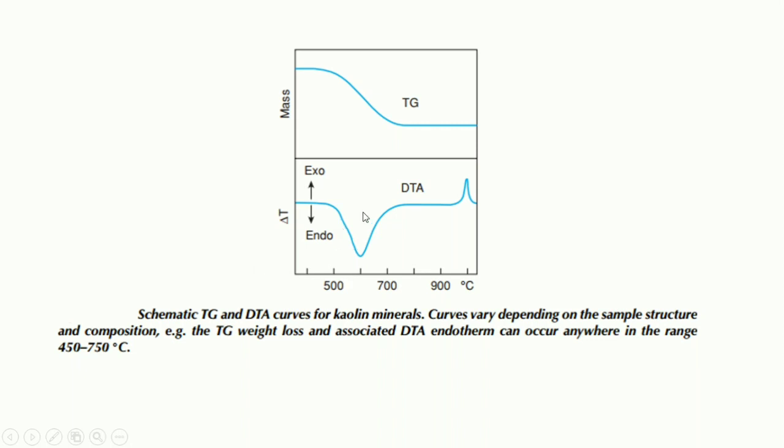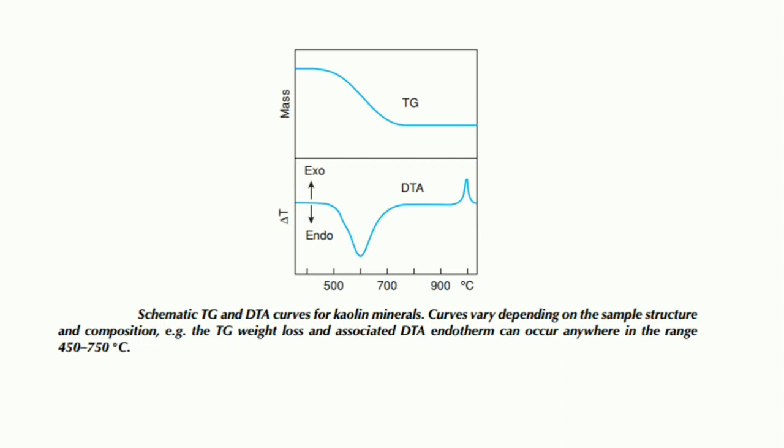This dehydration shows up on DTA as an endotherm, while a second DTA effect occurs at 950 to 980 degrees Celsius, which has no counterpart in TG traces. Here we can see very clearly there is no counterpart in the TG curves. It corresponds to recrystallization of dehydrated kaolin.